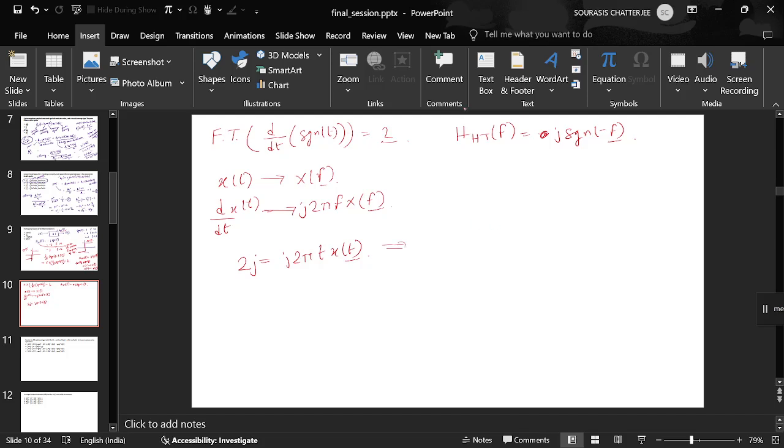Okay, so that means the channel impulse response of the Hilbert transform is given as 1 over pi t. So this one here is the impulse response of the Hilbert transform.